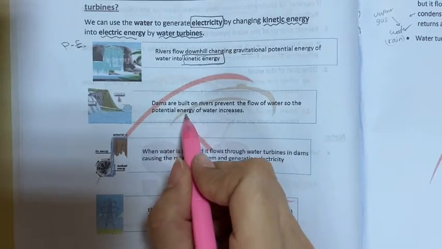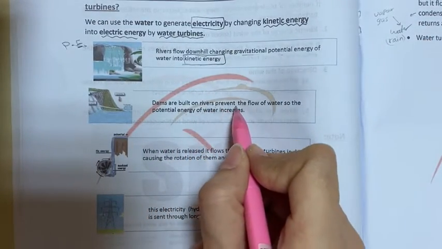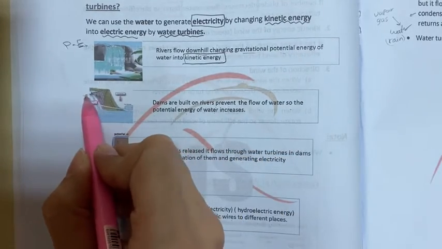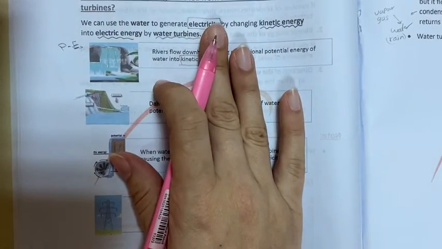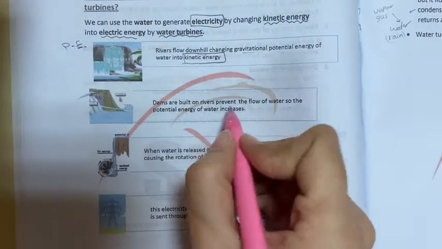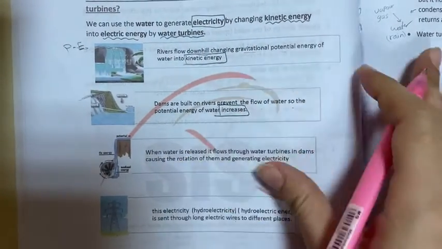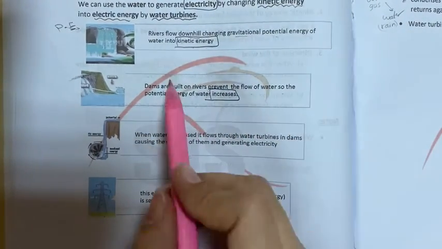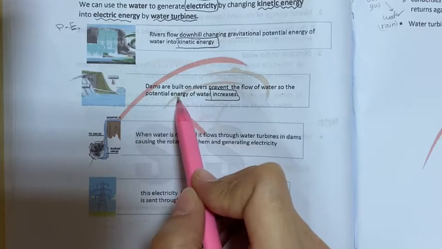Dams are built on rivers to prevent the flow of water, so does the potential energy increase or decrease? If we build a dam here, yes, it increases. So here we build a dam which has height, and the potential energy increases.